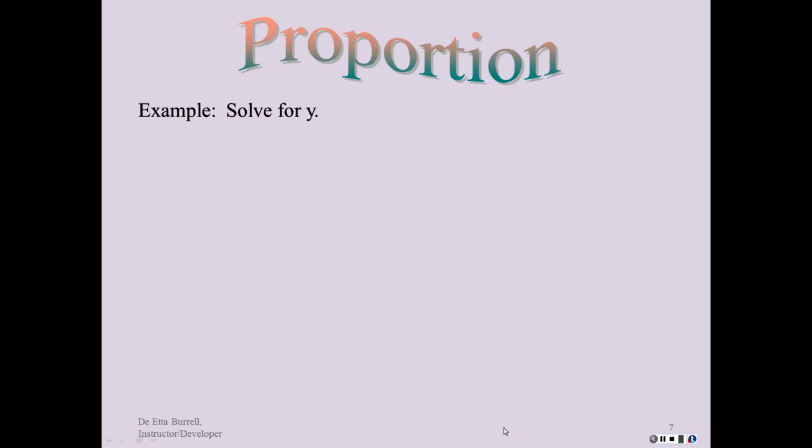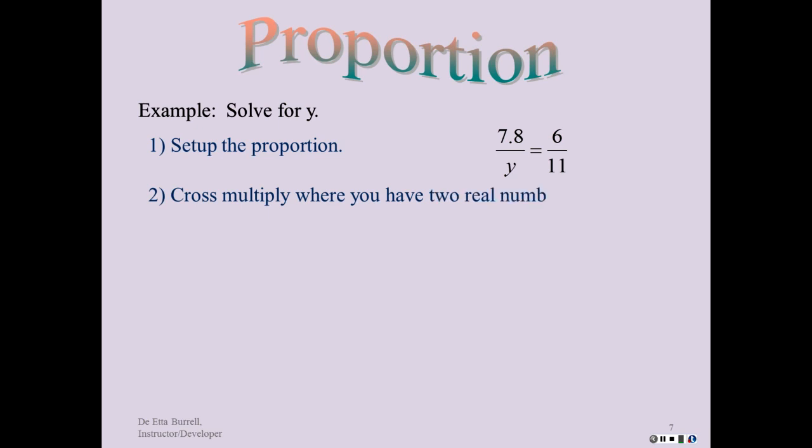Okay, so for this problem, I've given you the setup, and I want you to tell me what to do. What do I do in step 2? What am I going to multiply? 7.8 times 11. I have to cross multiply where I have two real numbers. That gives me 85.8.